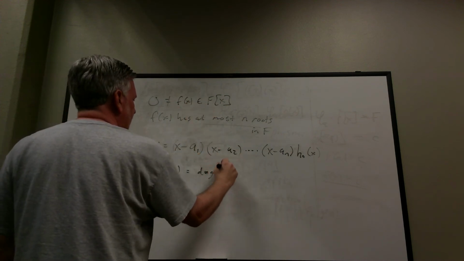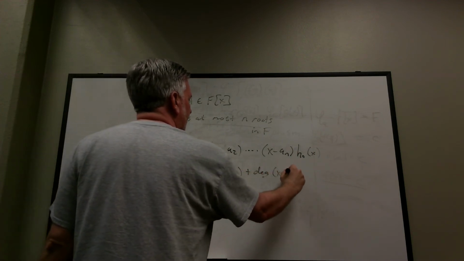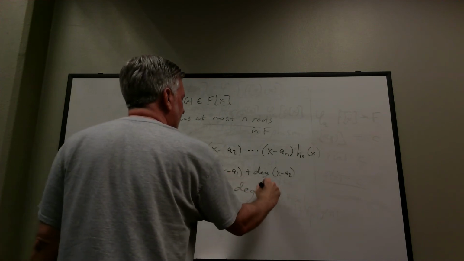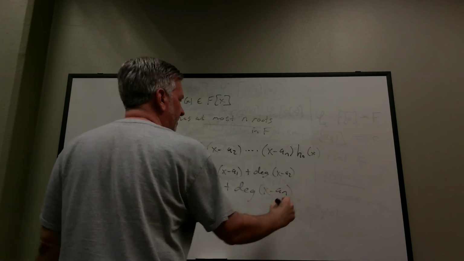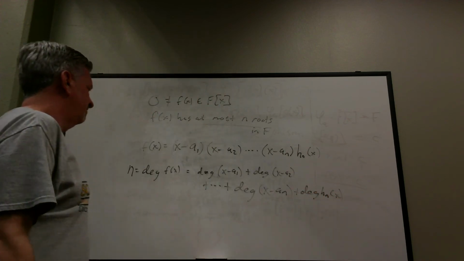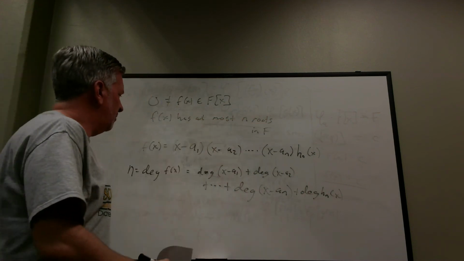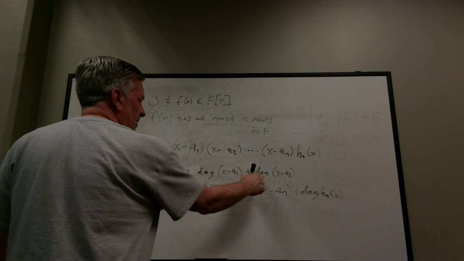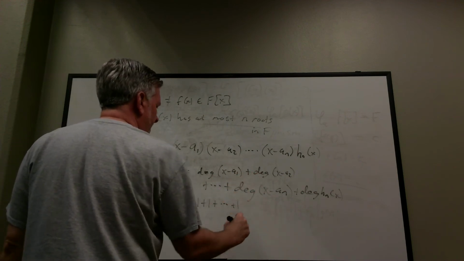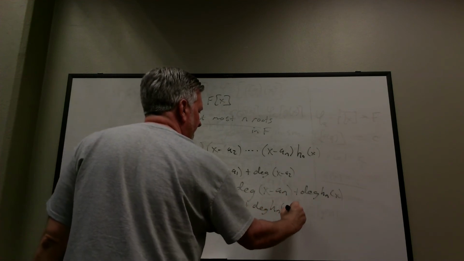So that's the degree of x minus a1 plus the degree of x minus a2, etc., plus the degree of x minus an, plus the degree of hn(x). These are all linear, so the degrees of each of these is 1 plus 1 plus 1 plus 1 plus 1, plus the degree of that unknown term.